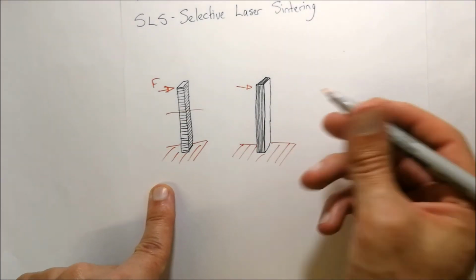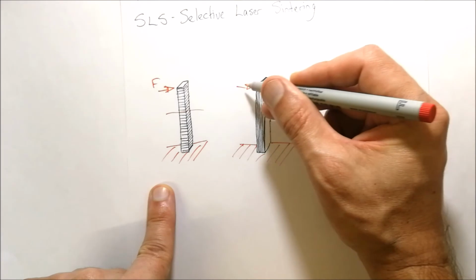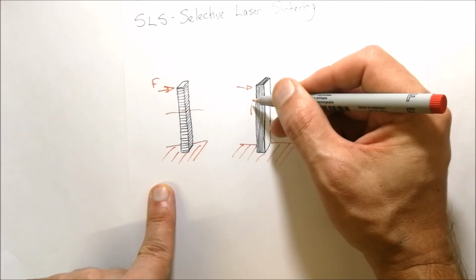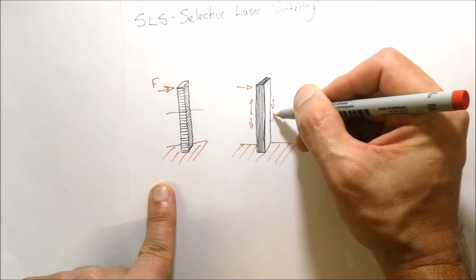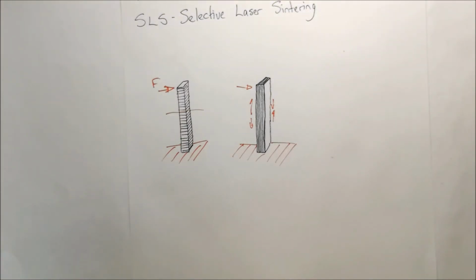If we apply force over there, there are going to be some tensile forces acting over there and some compression forces acting over there, and it's going to be less likely to shear or even bend. So this is an important factor to keep in mind.